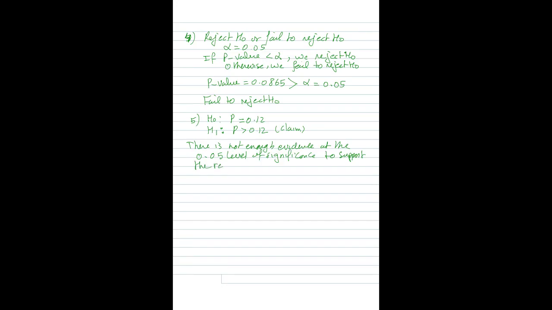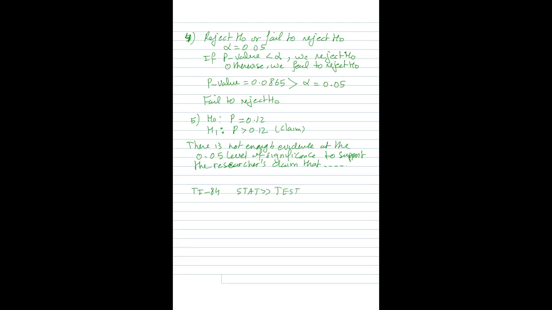So we say there is not enough evidence at the 0.05 level of significance to support the researcher's claim that, and just copy and paste what the researcher thinks. And that's the conclusion of the problem.